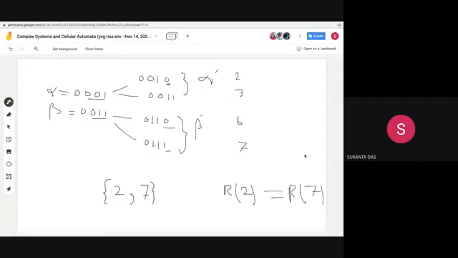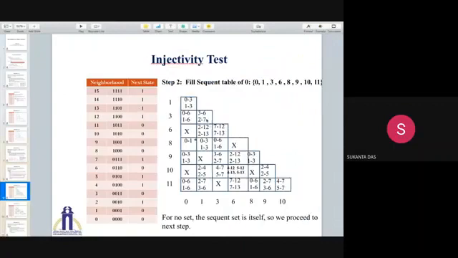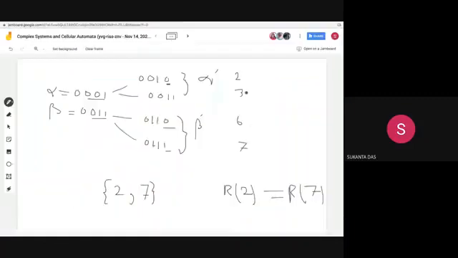So here 2 and 7 are clubbed, and so are 3 and 6: 3 is 0, 6 is again 0. So 3 and 6 form another sequence set.